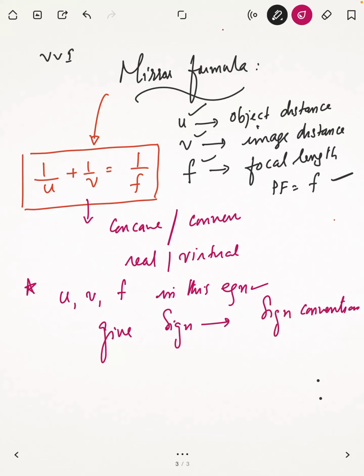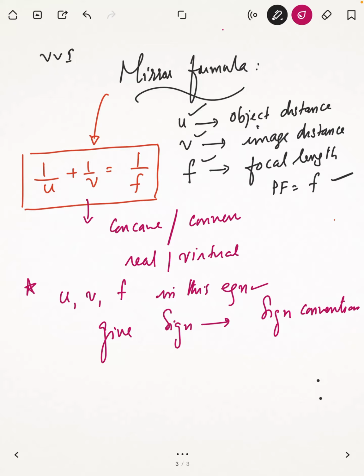So when you substitute numerical values in the equation, we have to follow the sign convention. That means object distance, if it is given, you have to substitute that value with sign as per sign convention. Okay, so I will give some more points regarding this. So this is your mirror formula.